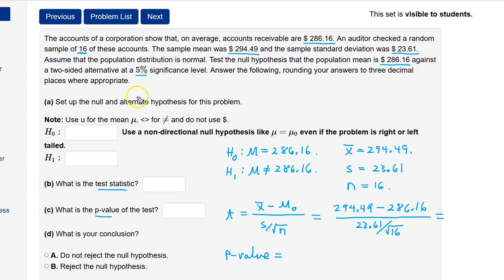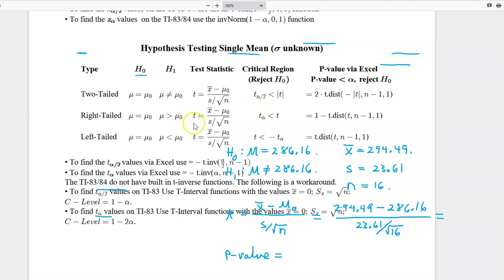We have an Excel command for that. For a two-sided test, let's look back at our formula sheet. Right here are our choices for a two-tailed, right-tailed, or left-tailed test. For a two-tailed test, this is the Excel command that we want to use. Whatever value we calculate for t goes in here, and our n is 16.